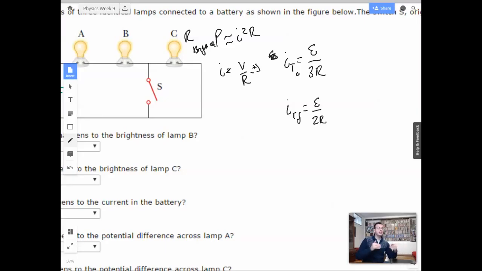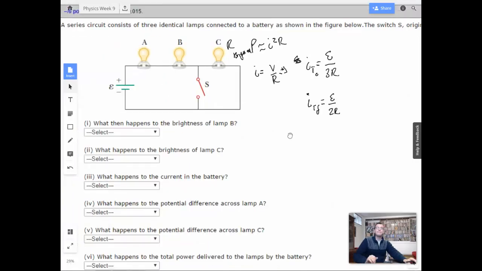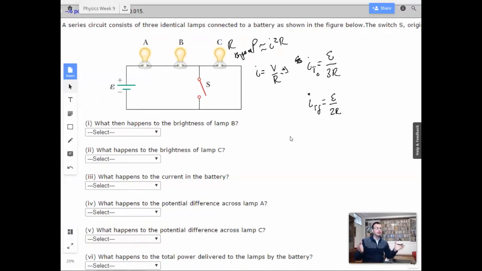In series, just add them together: 1, 2, 3. Then the current is going to change, because we're going to have less resistance, since we have basically only 2/3 of the lamps. There's going to be more current drawn.